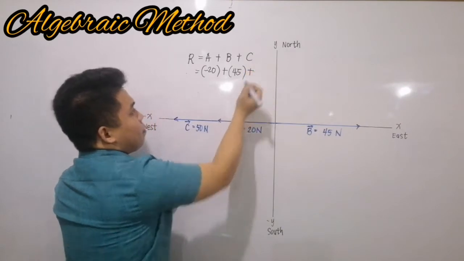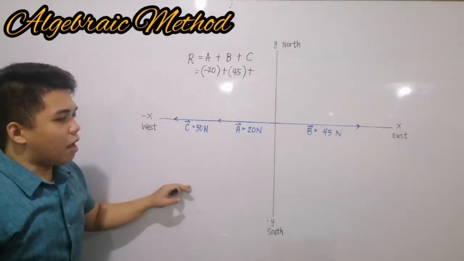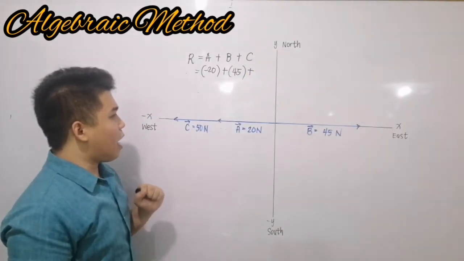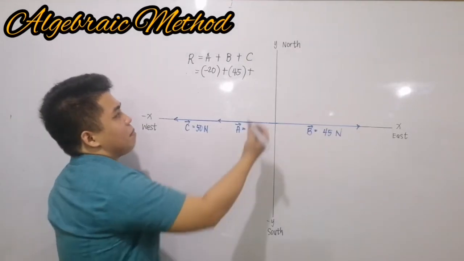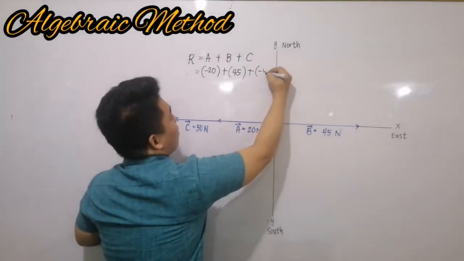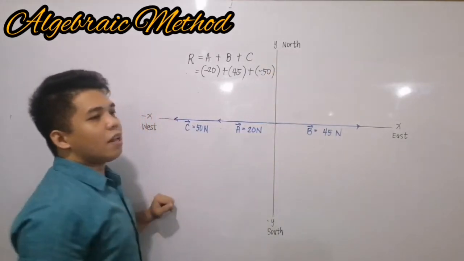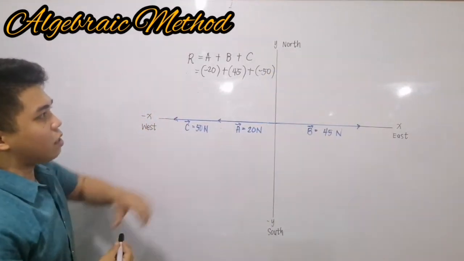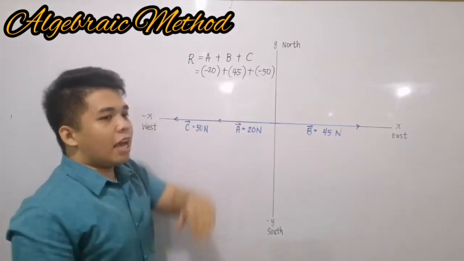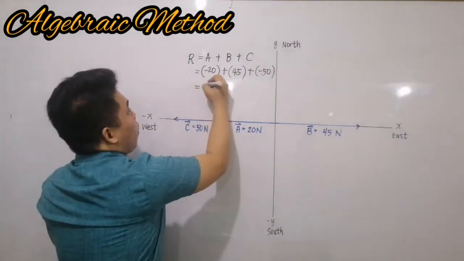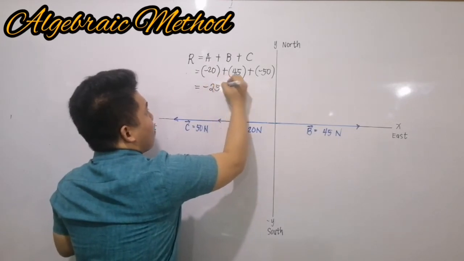And lastly, vector C. Since vector C lies on the negative x-axis, which is west, it can be added as negative 50. To get the resultant vector, just add these three magnitudes: negative 20 plus 45 plus negative 50, which is negative 25 Newton.